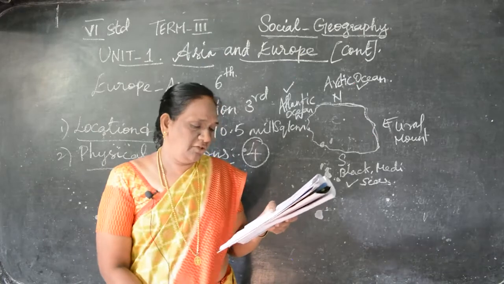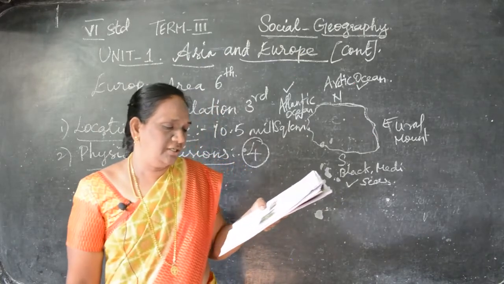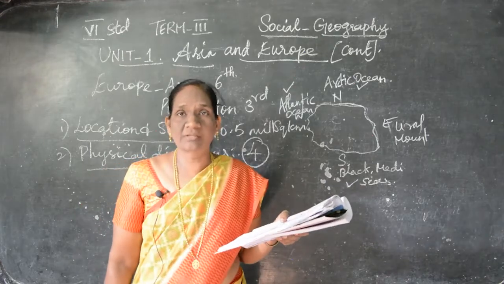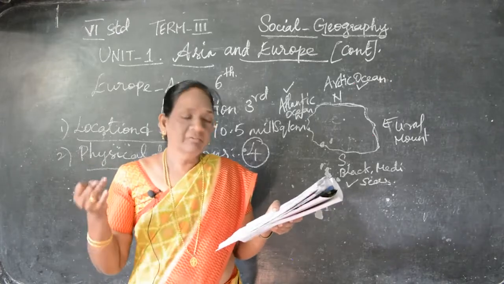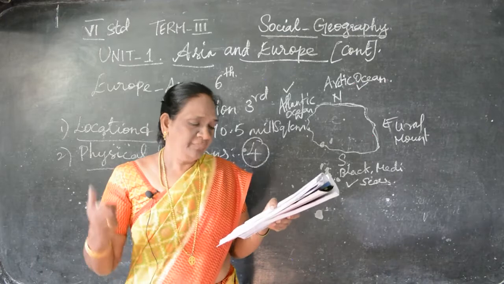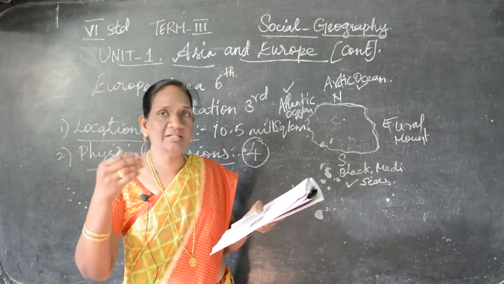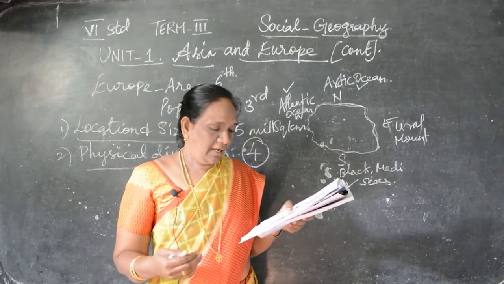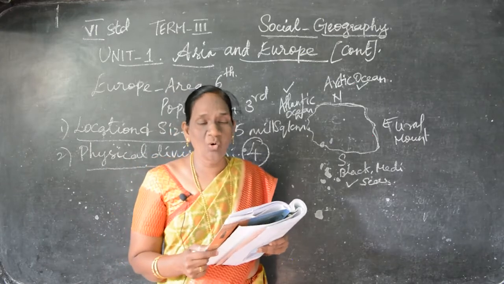First one is the northwestern highlands. These highlands include mountains and plateaus. Many countries are there, like Norway, Sweden, Finland, Scotland and Iceland. These are the countries which have this region as mountain. Okay, and this region has the most beautiful fjord coast.